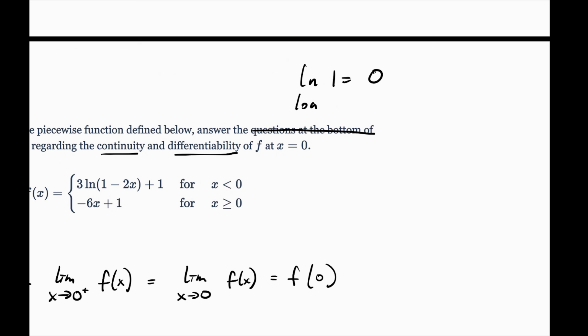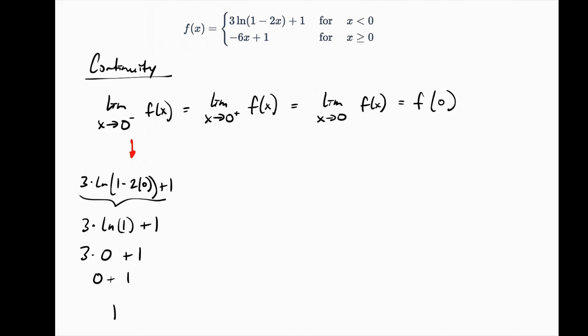Exactly. This means that e, just like Sebastian said, to what power equals that number there? Anything to the 0 power makes 1. Okay, so it's going to be 0. So the natural log of 1 is always 0.